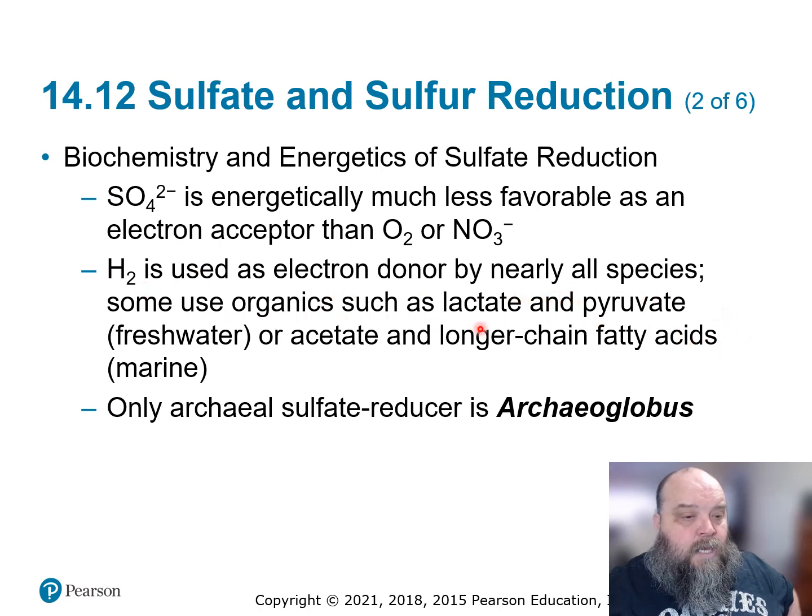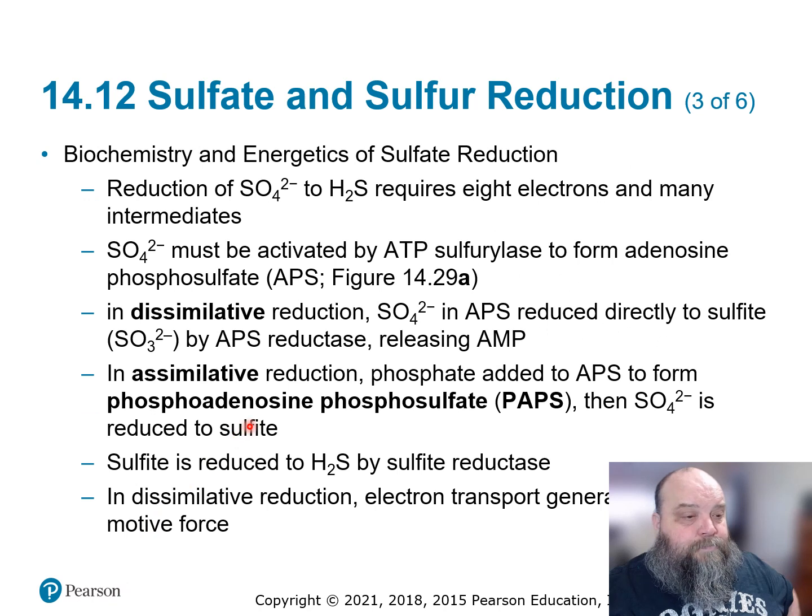Some species can use things from their environment: lactate, pyruvate, acetate from other organisms, long-chain fatty acids, and so on. Think about it, long-chain fatty acids are long chains of carbon with hydrogen, so they're going to strip it off. And somewhere in the process, sulfur is going to be the final electron acceptor.